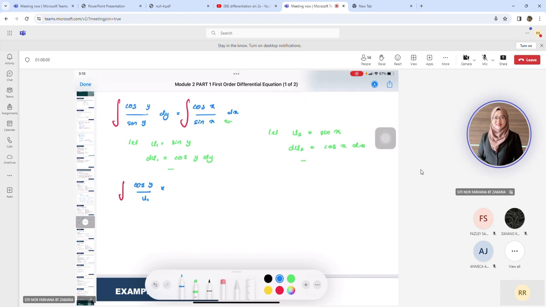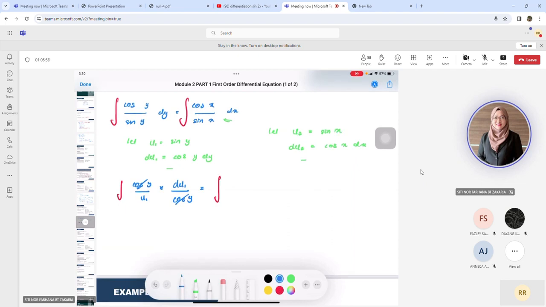So this one will be 1 over cos y, du1 over cos y. So this one can cross each other, same as on your right side.